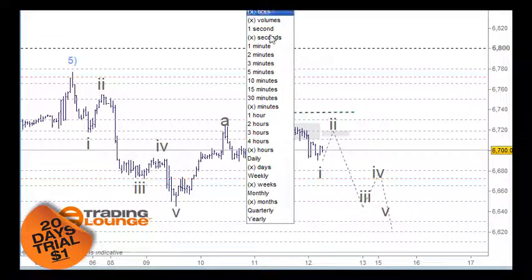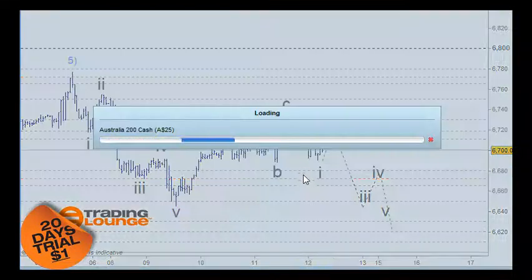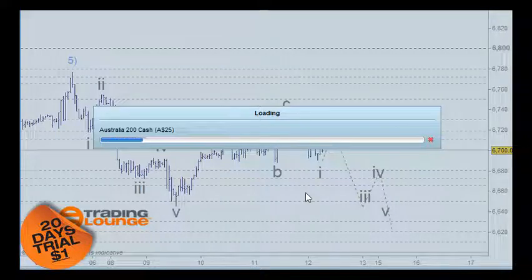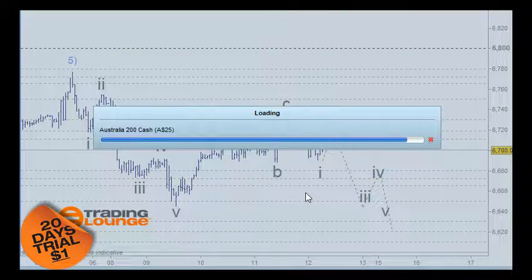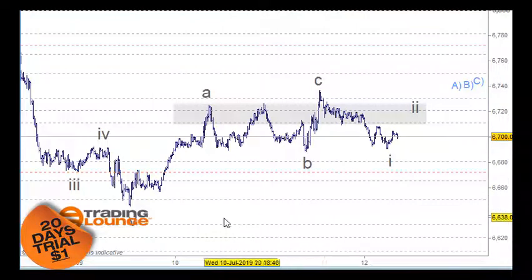So yeah, so I'll just look at that on the tick chart here. So yeah, so this is 100 ticks, an A and a B and a C here, and then looking at this as basically 1 and 2 and 3 and 4 and 5 here, and then looking for a little A wave, a B wave, and a C wave coming up here.